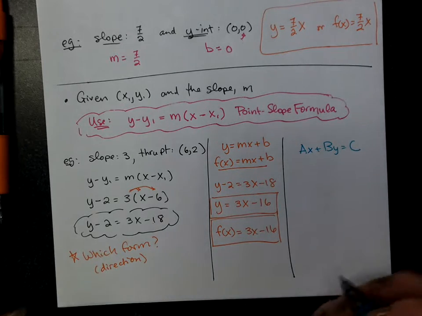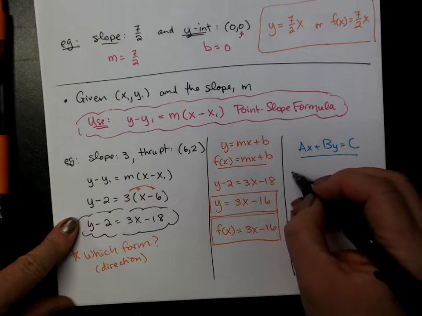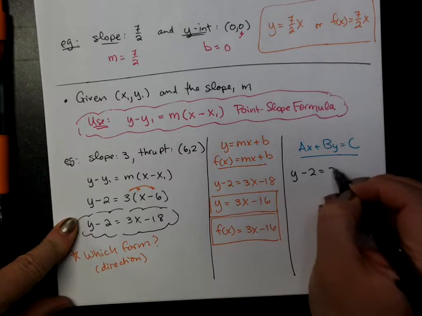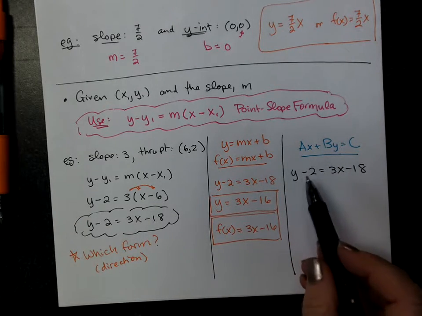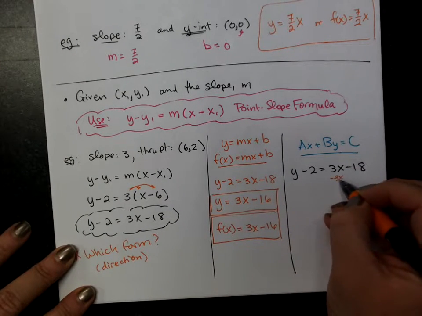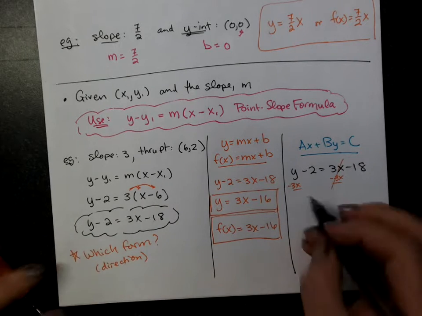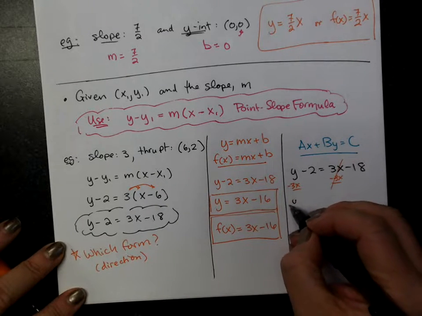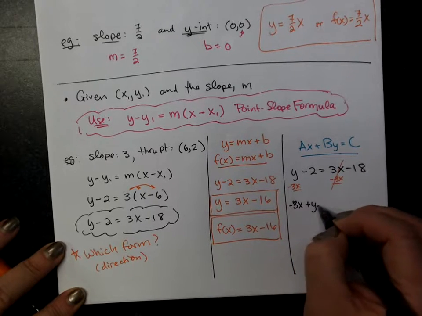Okay? So, to put it in standard form, I take my nice cleaned up point slope form, y minus 2 equals 3x minus 18, and I'm going to move my variables to the left and my constants to the right. So I'm going to do minus 3x on both sides to get negative 3x plus y minus 2.